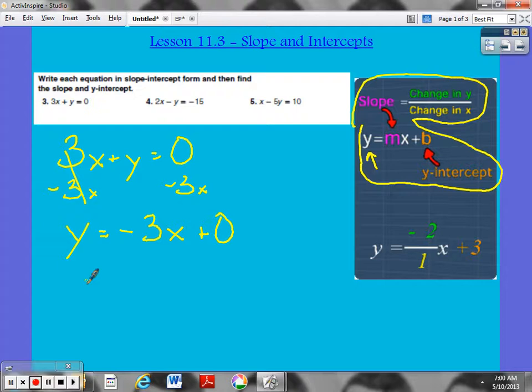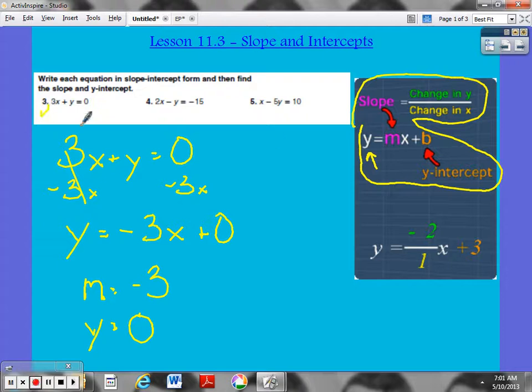The slope, which I'm going to call m, is negative 3. And the y-intercept, the very last value in slope-intercept form, is 0. So there's my answer. Not too bad. I think you guys are definitely capable of handling this.